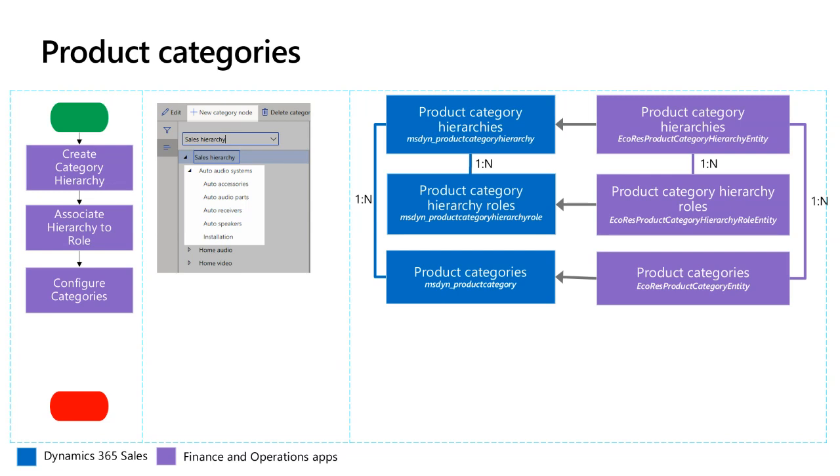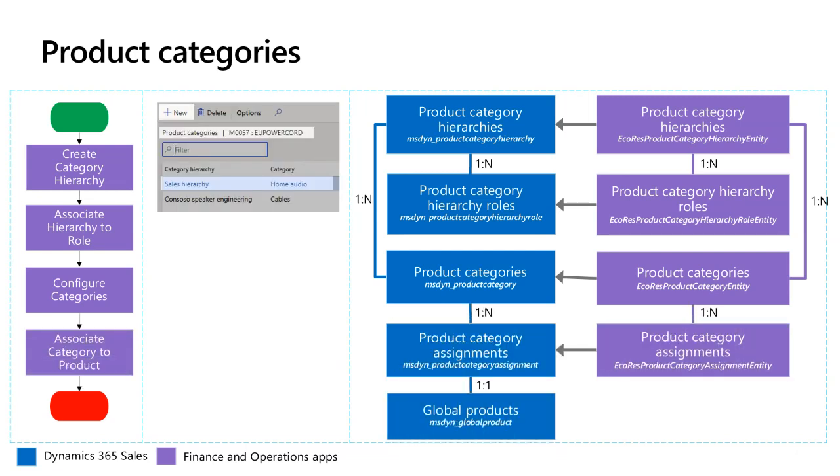So each of those category nodes, as we configure those, the data is also flowing. And then if we need to associate those to a product in finance and operations, those product category assignments or associations also flow through. So this was the scenario I mentioned before, where when you select the item on the order, you do want to default a category for that item.